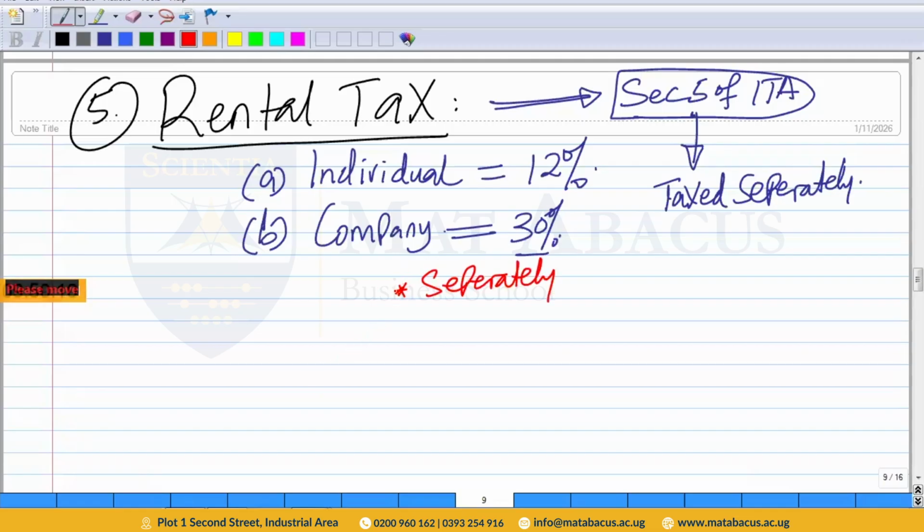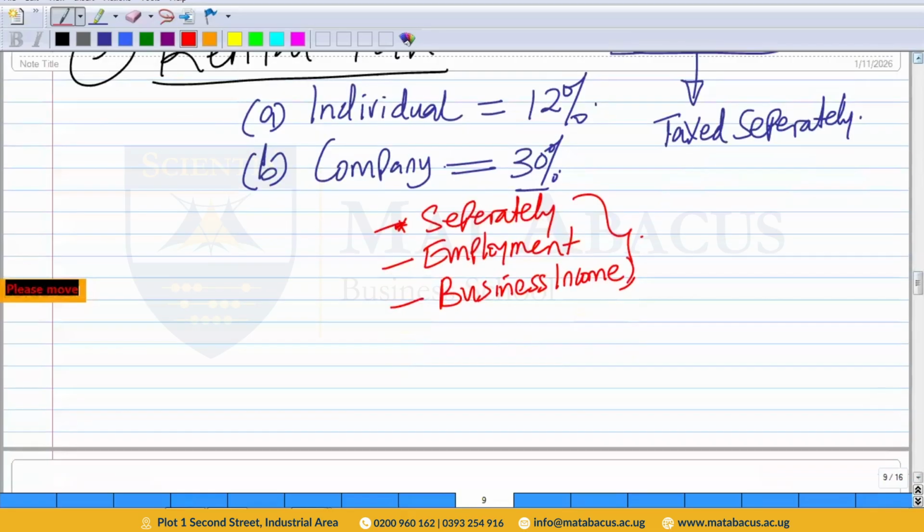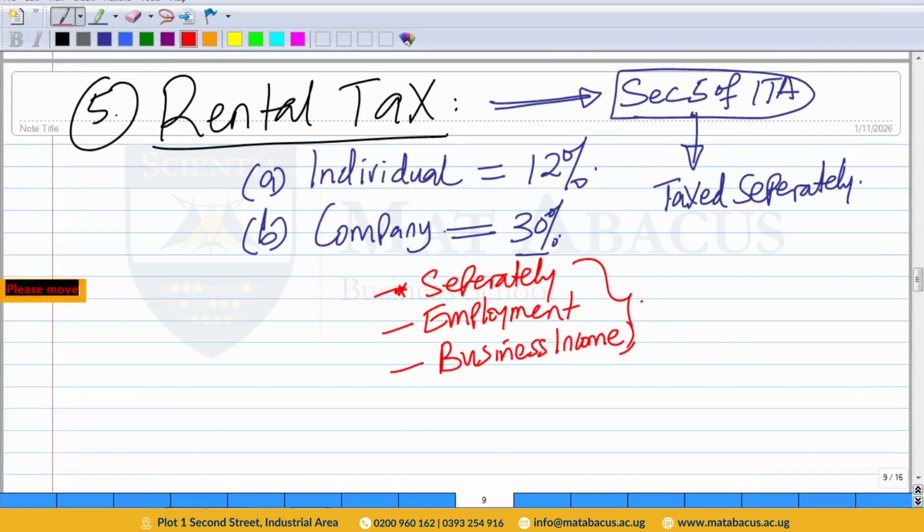If this is not examined separately, it is mixed with employment income, or with business income, in most cases. So the bottom line is to understand how to compute it. Where it is examined is not a big deal, so long as you know how to compute it and how to go about it.